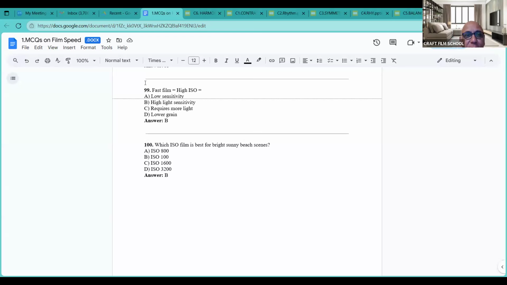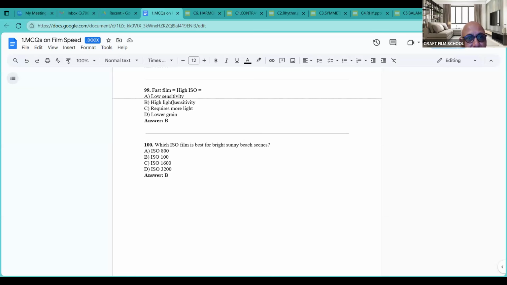Now, this is again a confusing question he has formulated. Let me try to reframe. Fast film equals higher ISO, which means it requires more light? No, it requires less light. Lower grain? No, it will have more grain. High light sensitivity, lower sensitivity. The word highlight should not be there.